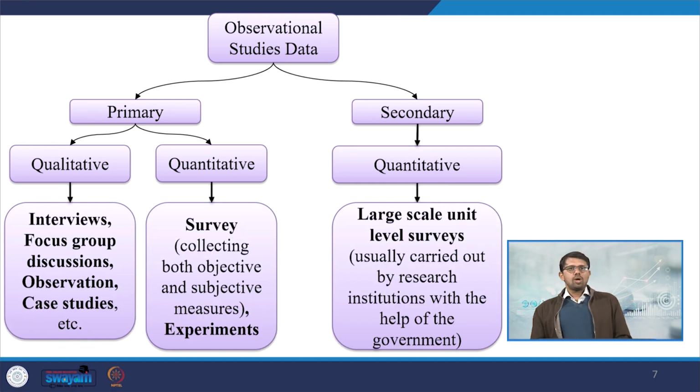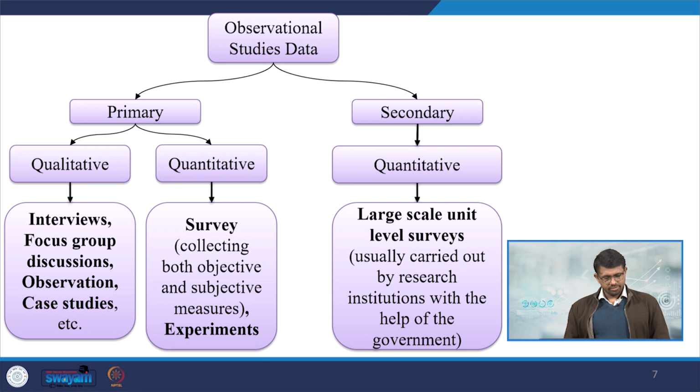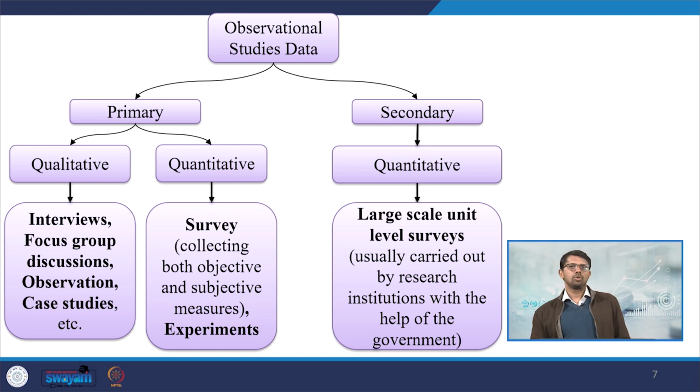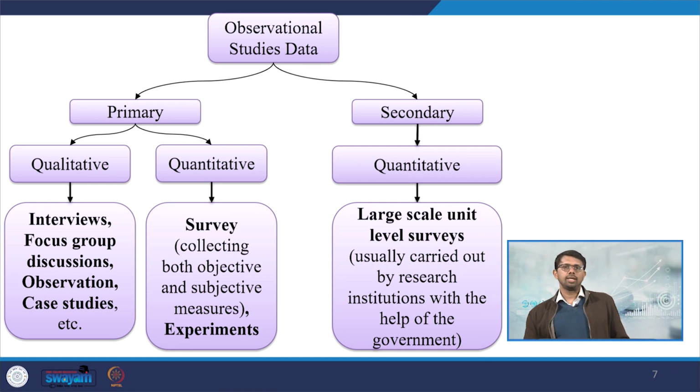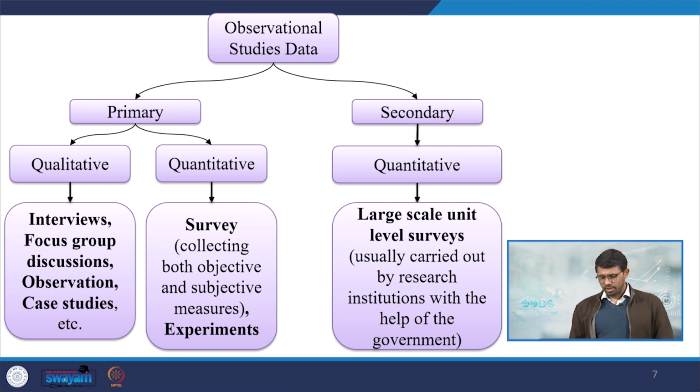So far as qualitative primary data is concerned, since we said these are observational, these can be collected through interviews, FGDs, that is focus group discussions, observation, case studies, etc. Then quantitative data is covered through surveys, collecting both objective and subjective measures, or through experiments. Whereas in the case of secondary, which is quantitative, we usually base it on large scale unit level surveys that are usually carried out by research institutions with the help of government.